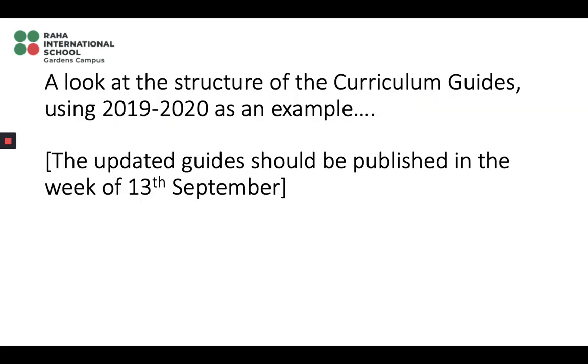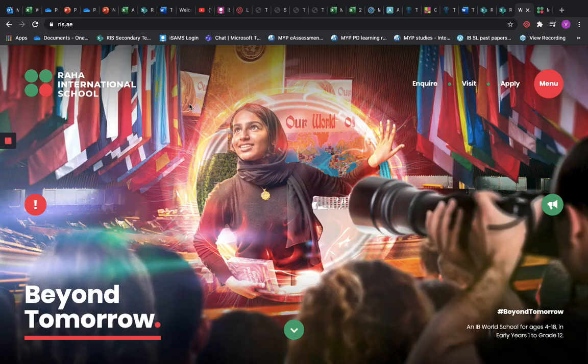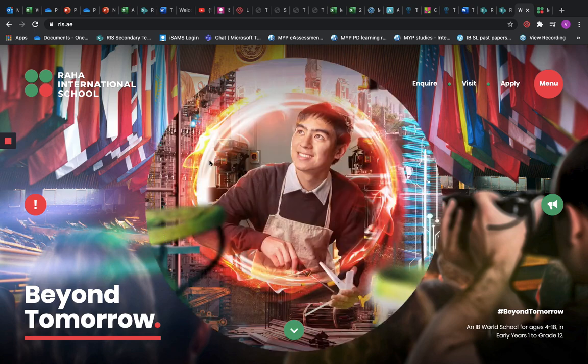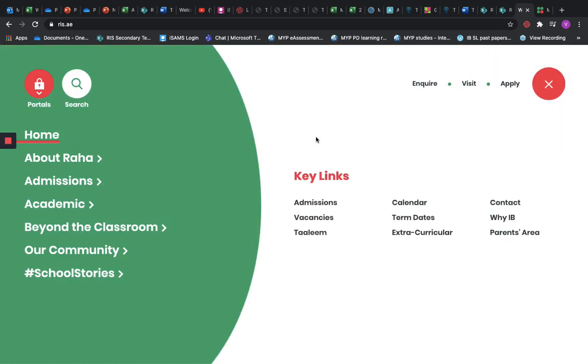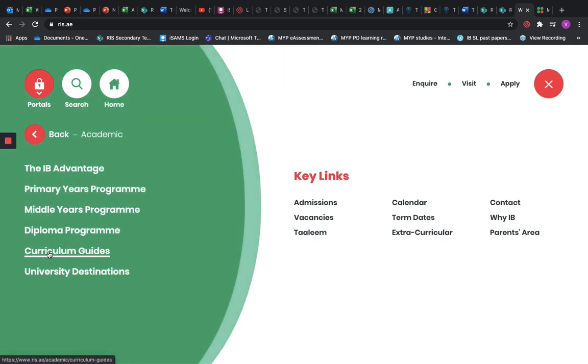Okay, so just a quick look at the curriculum guides, using last year's as an example. Right, so how do we find the curriculum guides on the school website? There we go. There's the curriculum guides there.